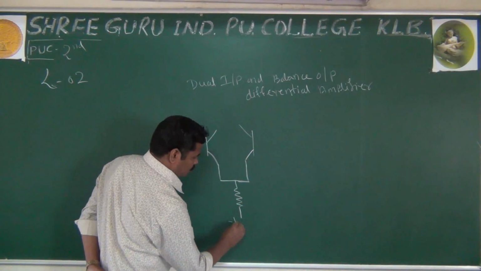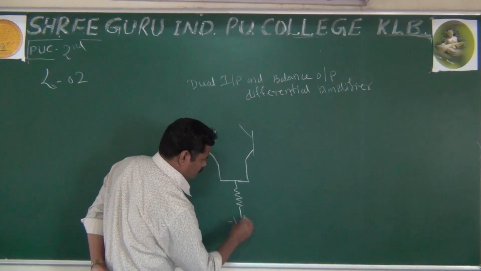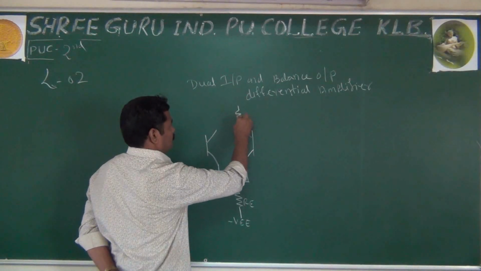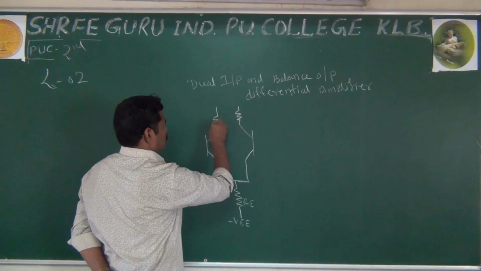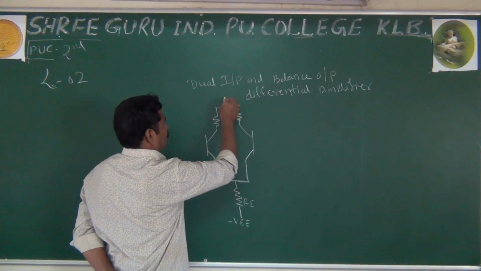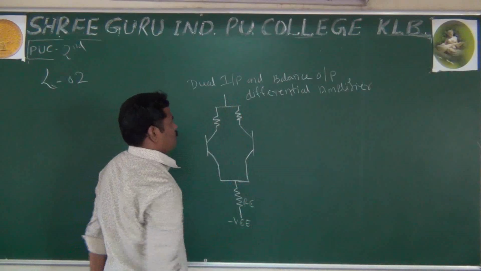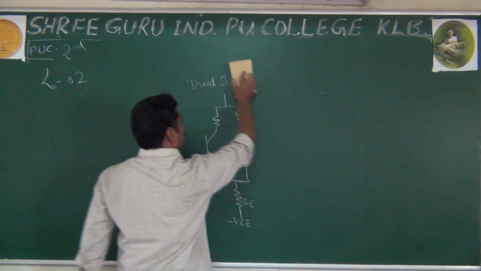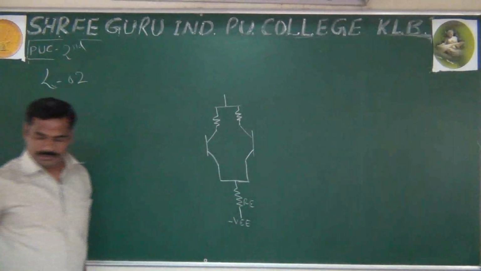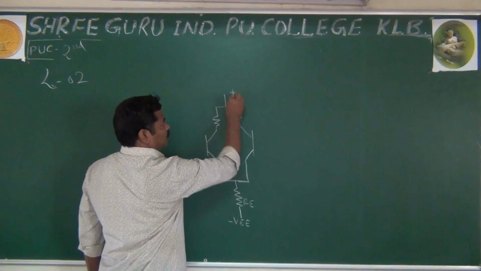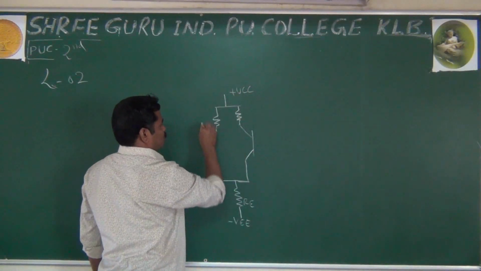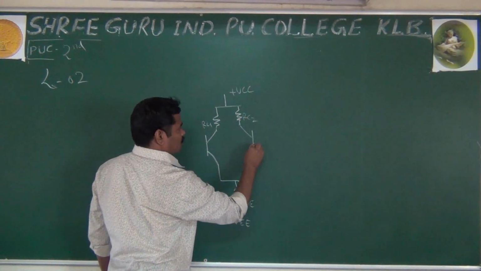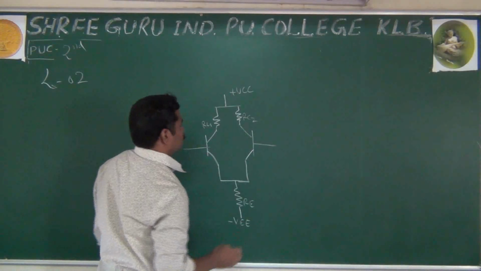This is minus E, and here we are using a resistor. We are applying a positive VCC. And this is your RC1 and this is your RC2.